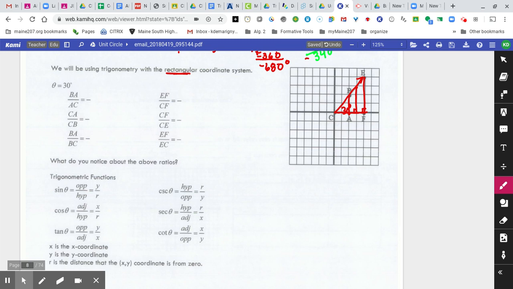If we do that, and remember it's a 30-degree angle, remember that we have some lengths here.